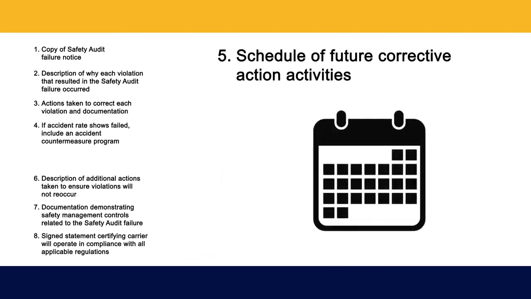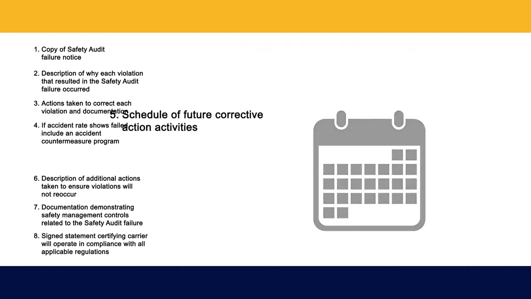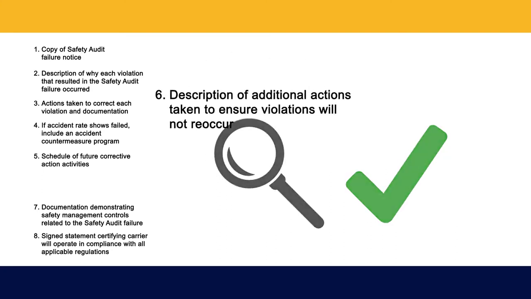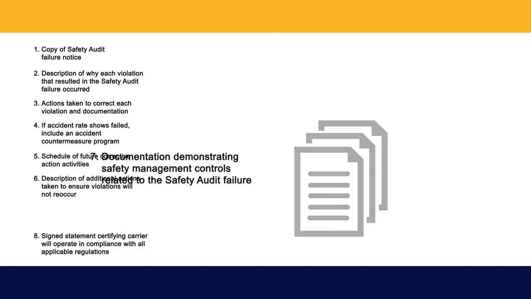If your corrective action plan includes actions that will be conducted in the near future, such as training or purchasing of computer programs, include a detailed description of the activity and a schedule of when the activity will begin and when it will be completed. Describe any additional actions taken to ensure the violations will not reoccur in the future. Include any additional documents you believe demonstrate adequate safety management controls and specifically relate to the safety audit failure.